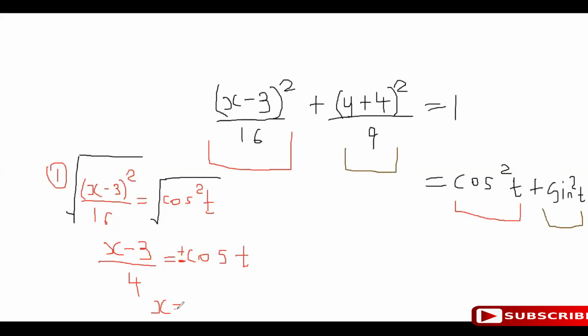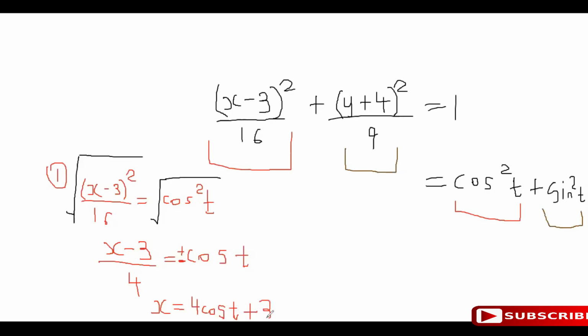So if we're working with the positive one, x is equal to 4 cosine t, and then we bring over the 3 and we get plus 3.